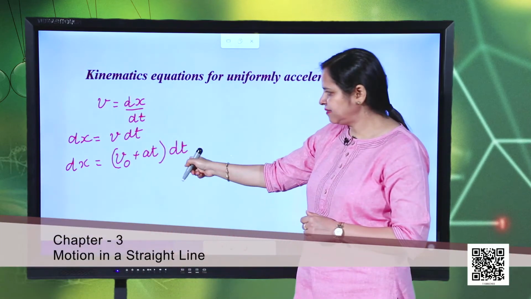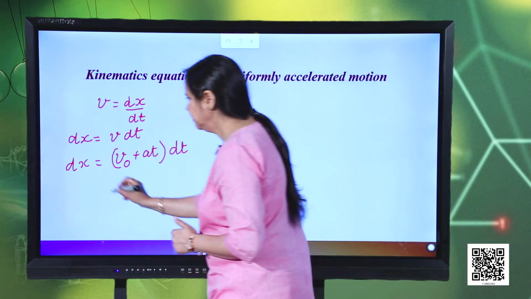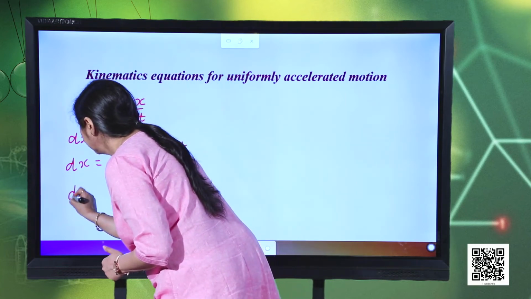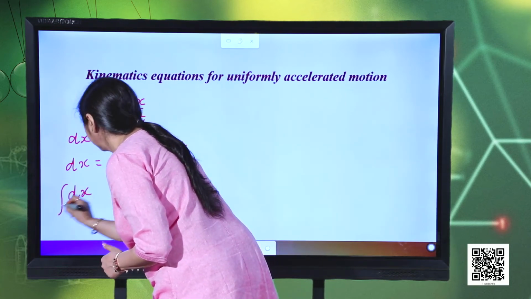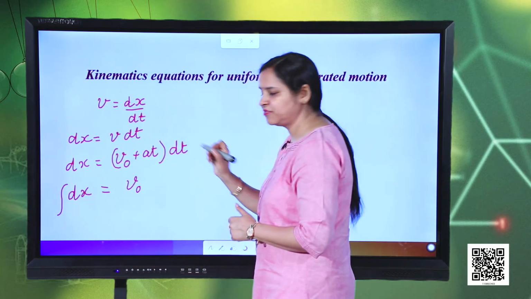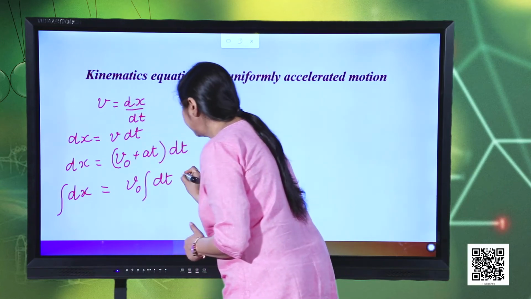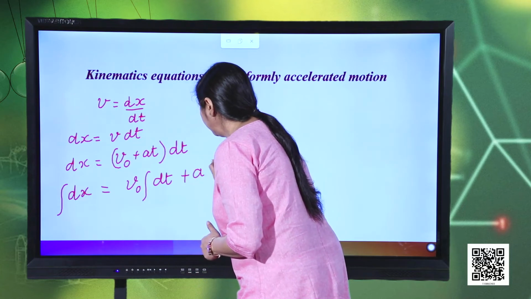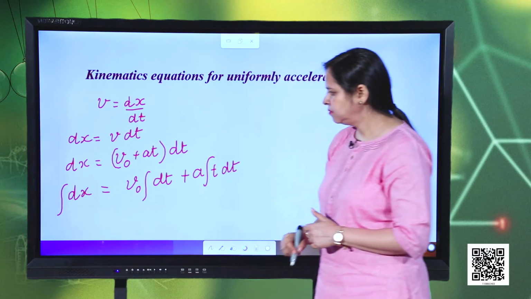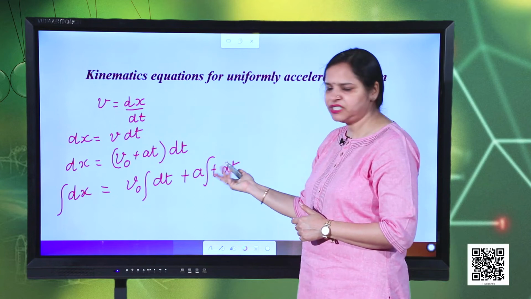Now, on the right hand side we have to integrate both the terms with respect to time. So, integrating this entire equation, what do we get? Integrating dx is equal to v naught, which will be constant with respect to time, and a is again constant with respect to time, since for uniform motion the acceleration is constant.